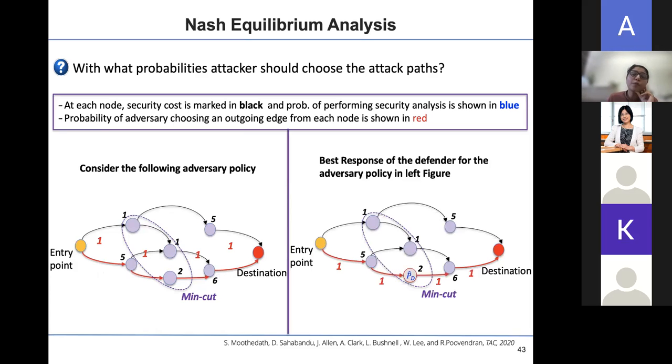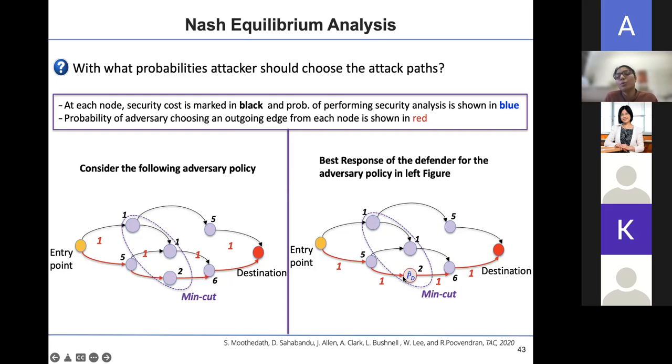Now if you solve the best response for the defender for this fixed adversarial strategy, the defender's best response is to just select this node as a security checkpoint. There are 3 nodes in the min cut, but you don't have to place a security checkpoint here or here, because the adversary strategy is fixed and it is just using this path. If you place one here or here, you will just incur resource cost. So the best response of the defender is to select just this path.